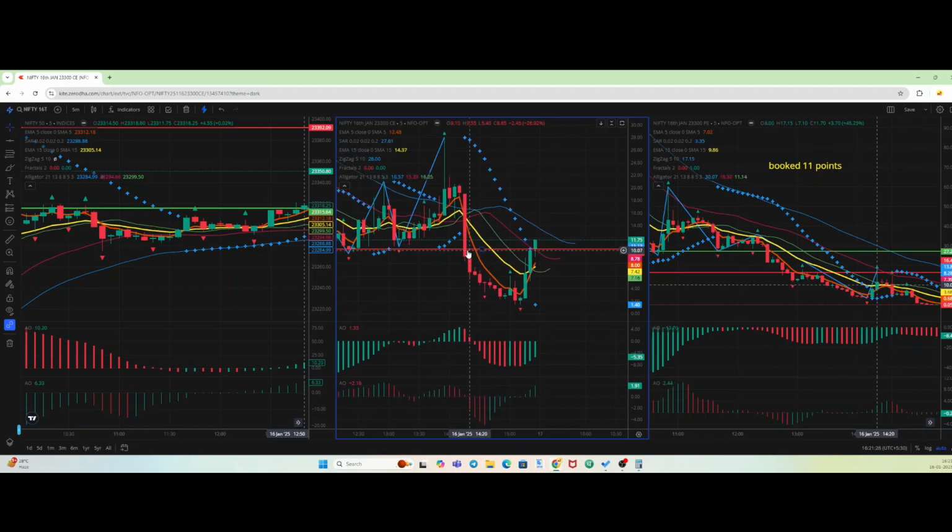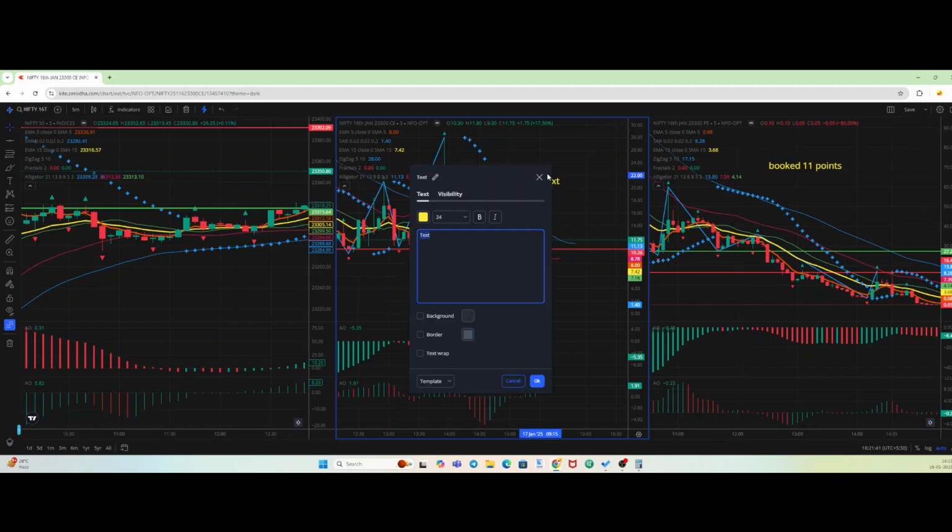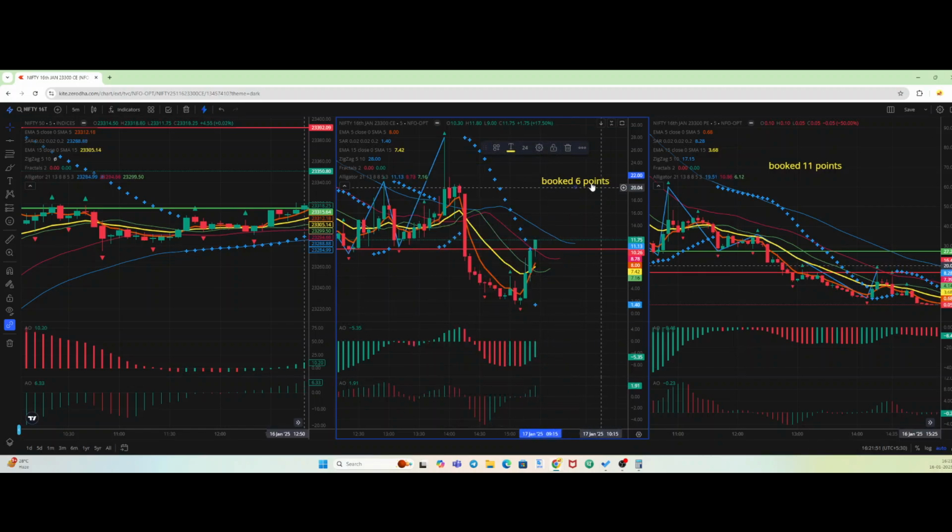We entered at 10 and exited near about 4, which means 6 points. Here we captured around 6 points.